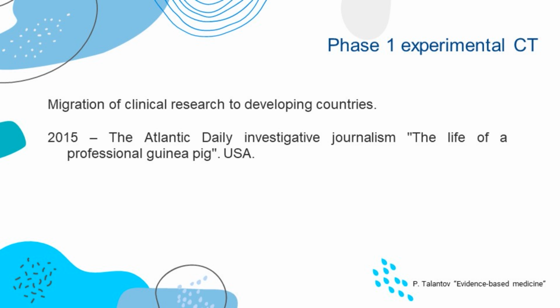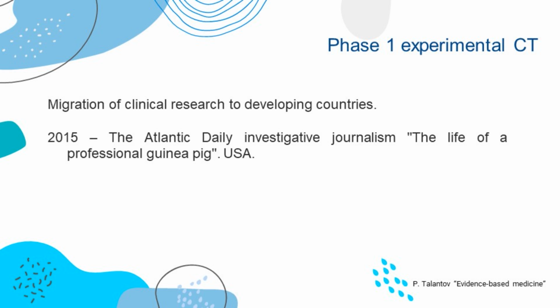The migration of clinical research to developing countries has become a growing trend in the pharmaceutical industry, driven by lower costs and easier patient recruitment. However, this shift raises ethical concerns regarding participant safety, informed consent, and regulatory oversight.